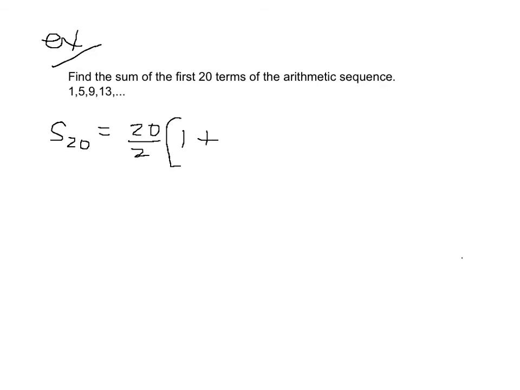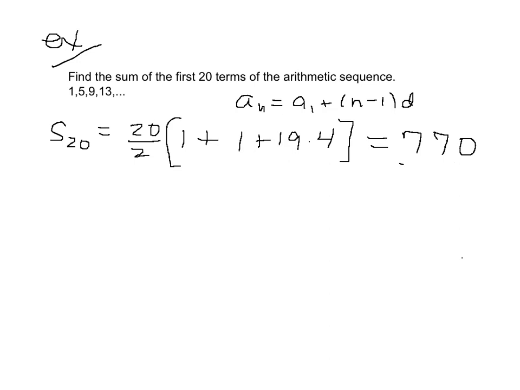Well, I don't have what the 20th term is, but I know that the formula for any number term is this. And so my 20th term is simply going to be my first term plus 19 times d, and d in this case is 4. So if I go ahead and compute that whole thing, I think I get 770. Okay? So that's the work that we do with arithmetic sequences, and especially arithmetic series.